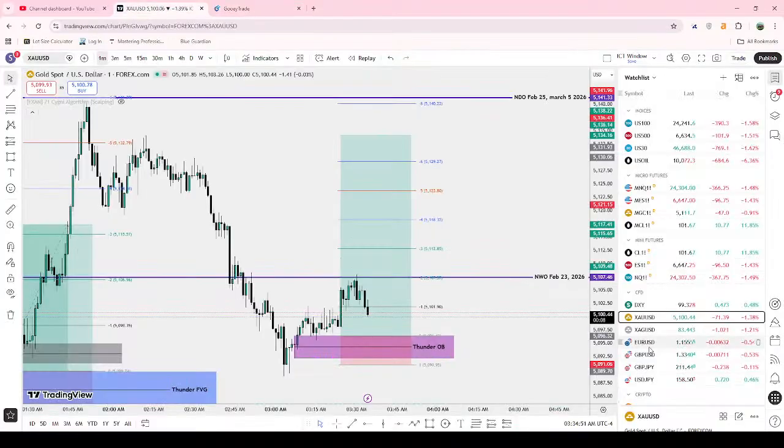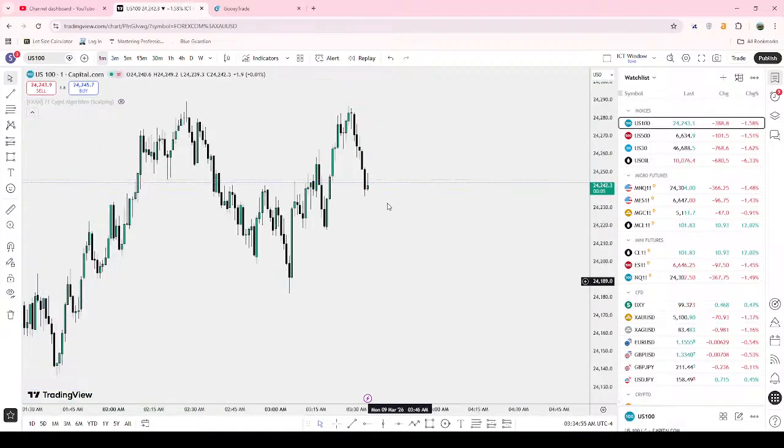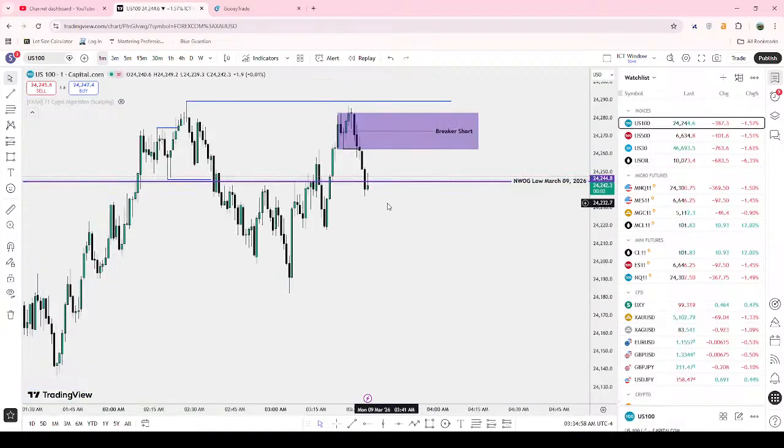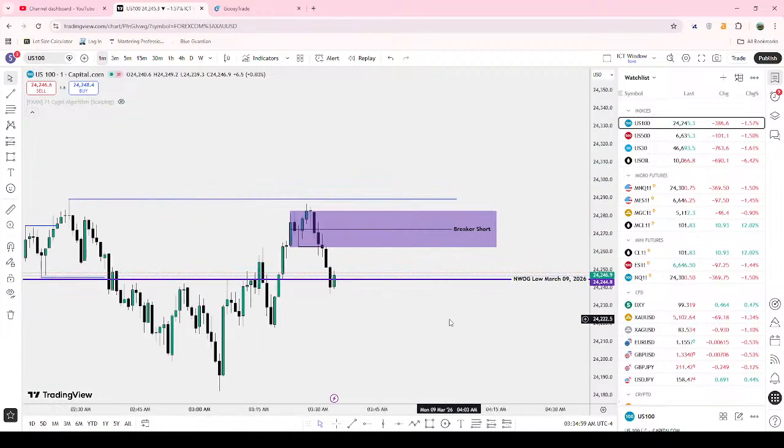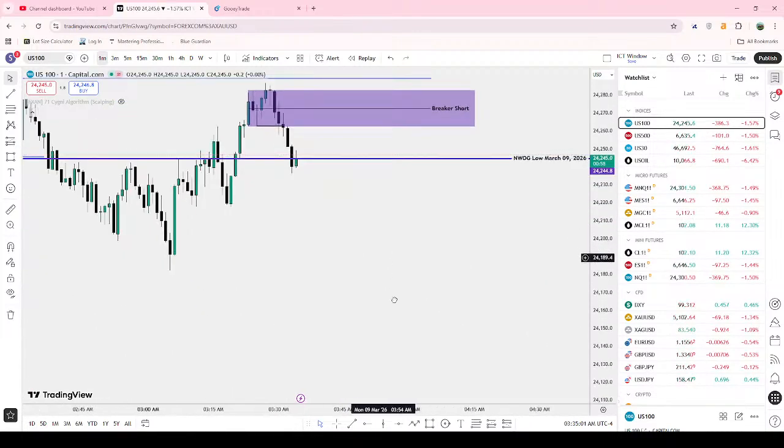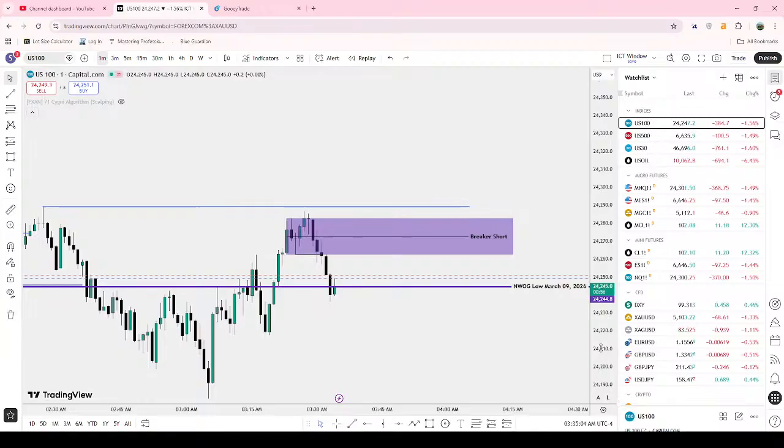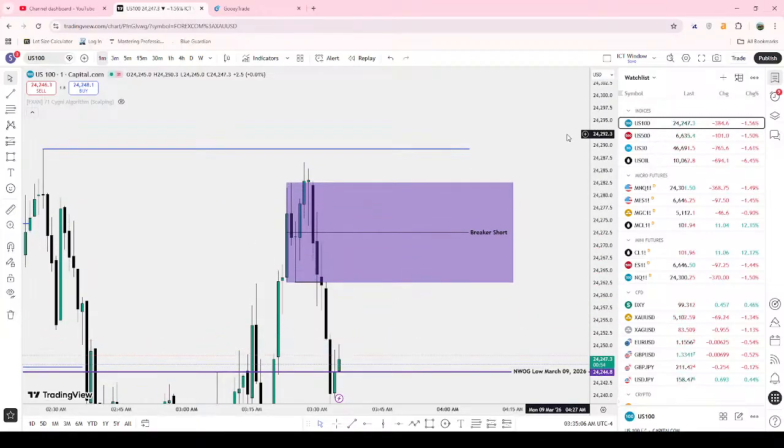And once the market comes up, we will look for shorts on NAS 100. But the problem is that, okay, no, it has a body candle close above this previous swing high, so it confirms the breaker.